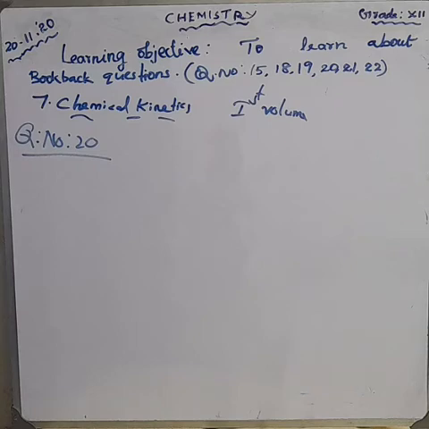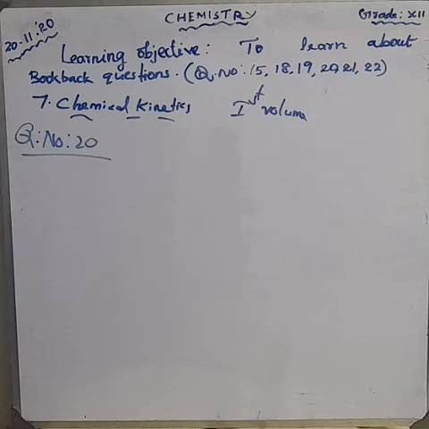For the reaction: X is 0.2, Y is 0.02, and the rate is 0.15. X is 0.4, Y is 0.02, the rate is 0.30. X is 0.4 and Y is 0.08, and the rate is 1.20. So these are the given data.